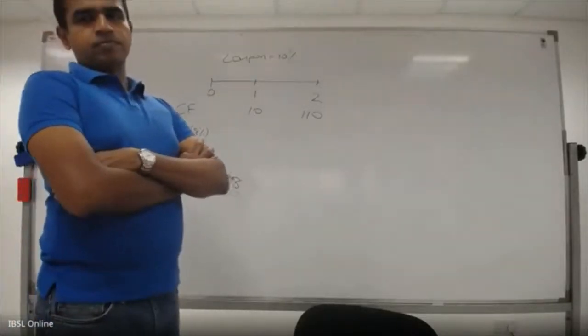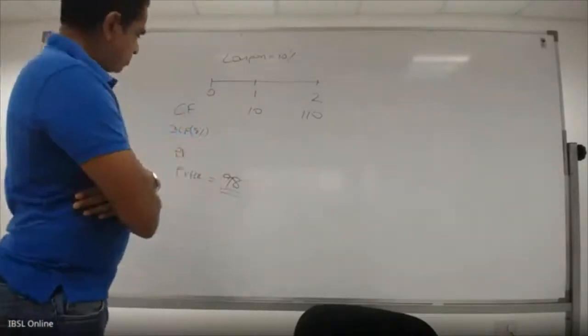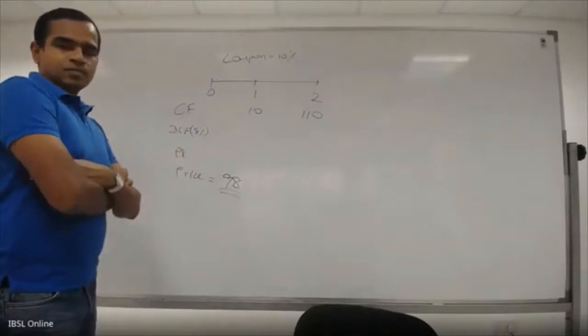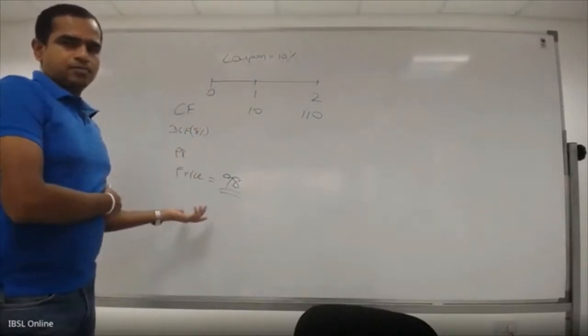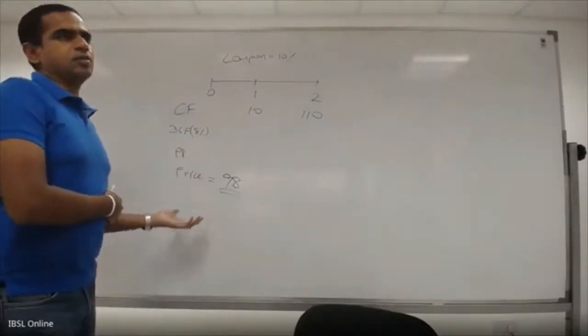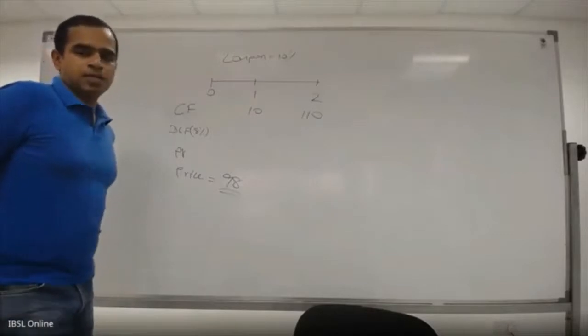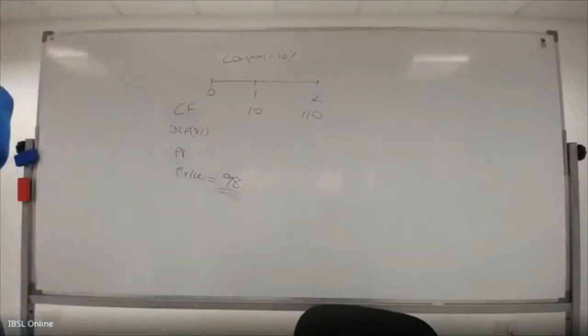Can we get a price of 98? Without doing any calculations, can you all tell me? Can the price be 98 or not? If you understood what we did so far, you should be able to make a comment.